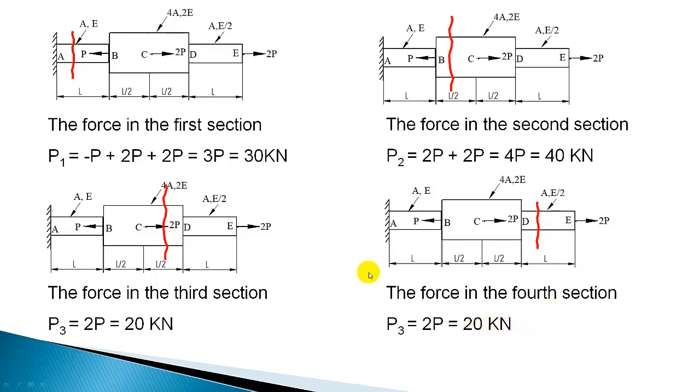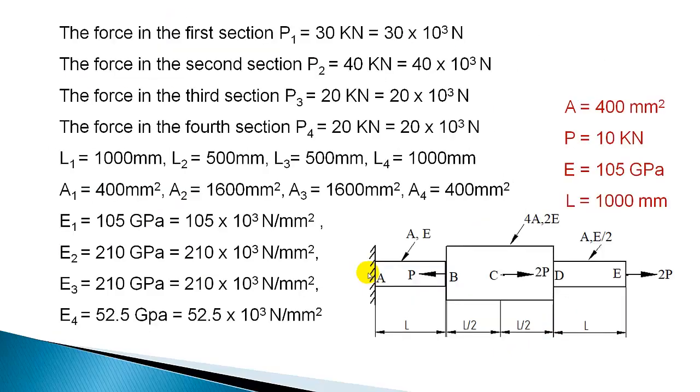Now let us tabulate the data. The force in the first section we got as 30 kilonewton. It is 30 into 10 raised to 3 Newton, since each kilonewton is 1000 Newton. In the second section we have 40 kilonewton, so that is 40 into 10 raised to 3 Newton. In the third section we have 20 kilonewton, that is 20 into 10 raised to 3, and the fourth section 20 kilonewton, 20 into 10 raised to 3.